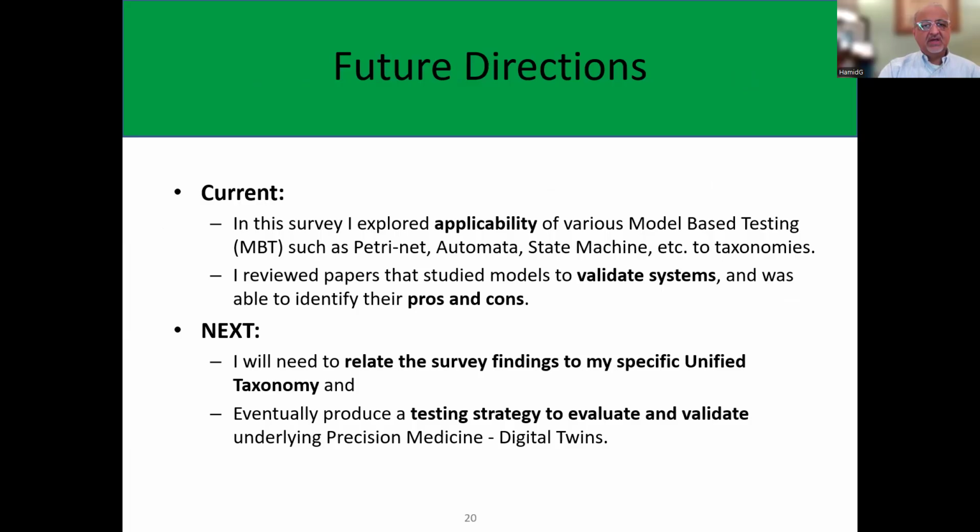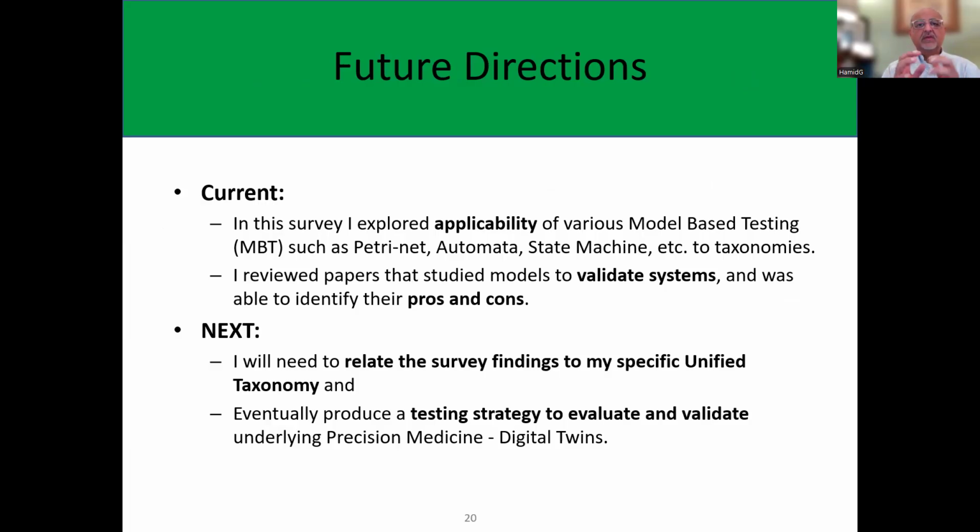Future direction: as of now, I explored applicability of various model-based testing, such as pre-trained automaton, state machine, etc., to taxonomies. I was able to understand how to validate a system and was able to identify pros and cons of those papers.